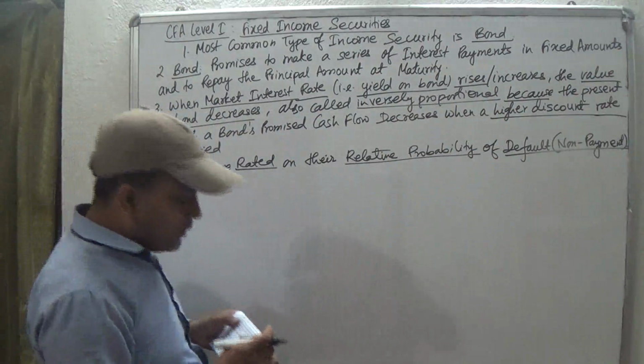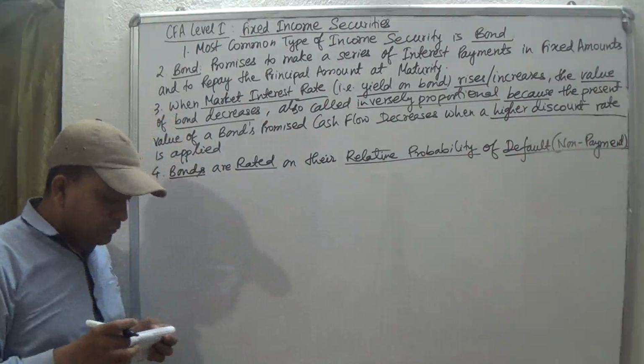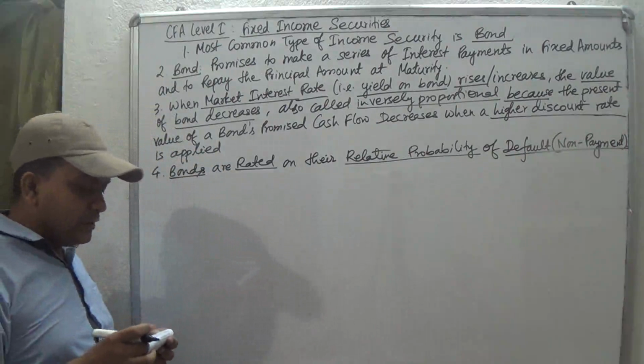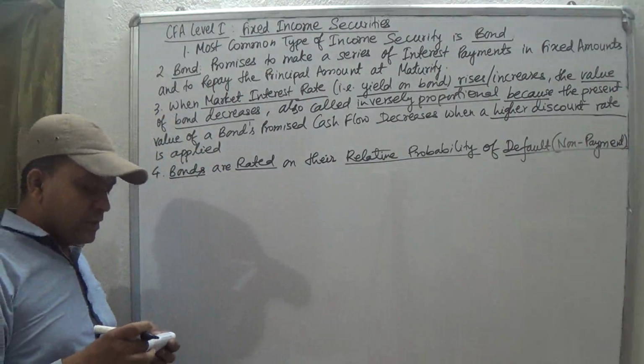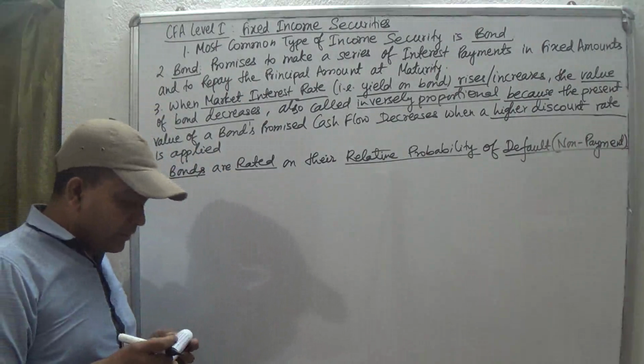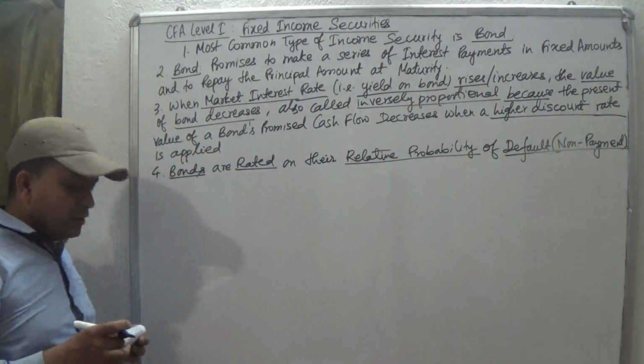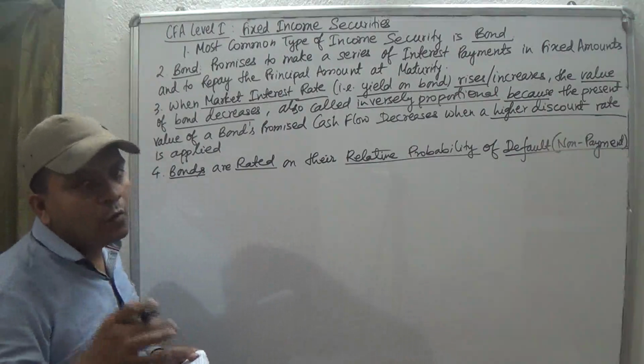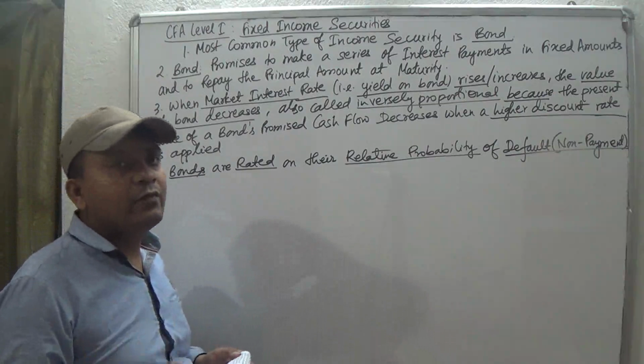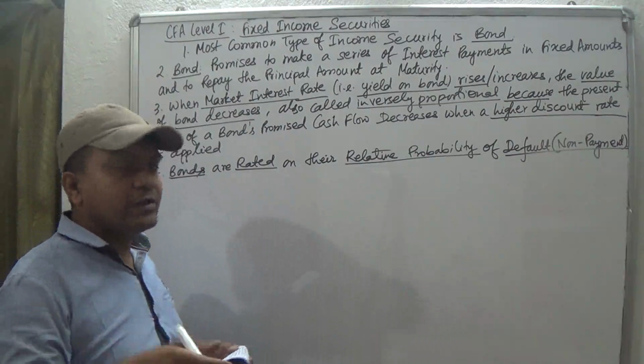Because investors prefer bonds with a lower probability of default, bonds with lower credit quality must offer investors a higher yield to compensate for the greater probability of default. So bonds with low credit quality will have higher return as well as higher risk.